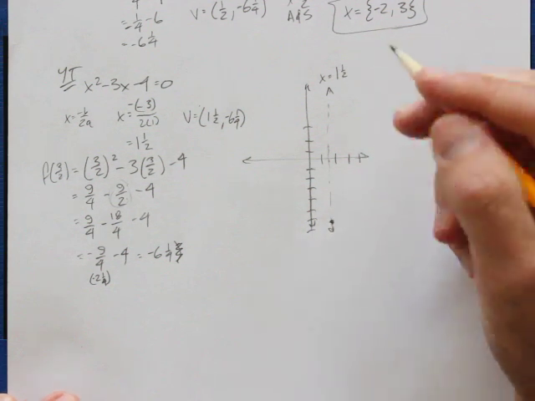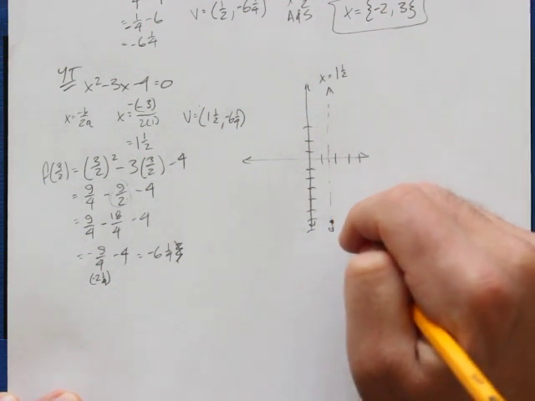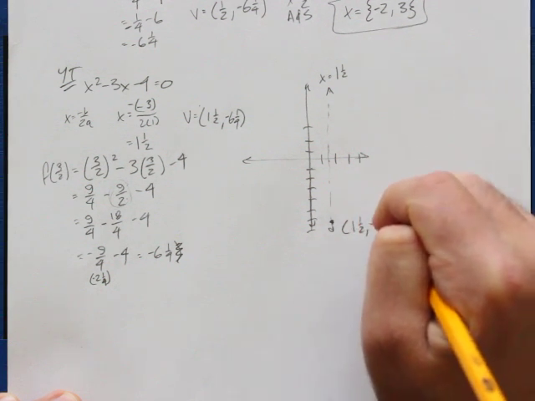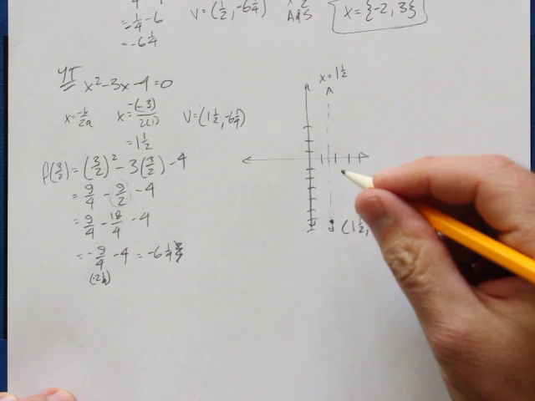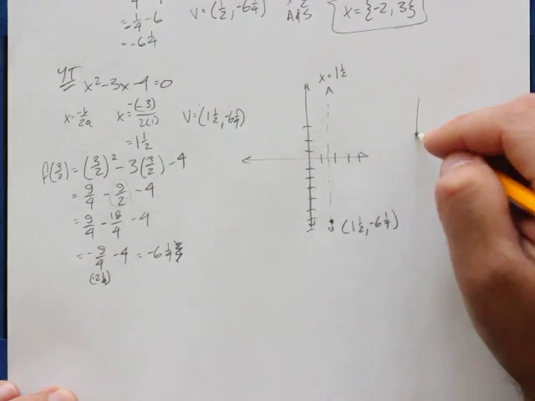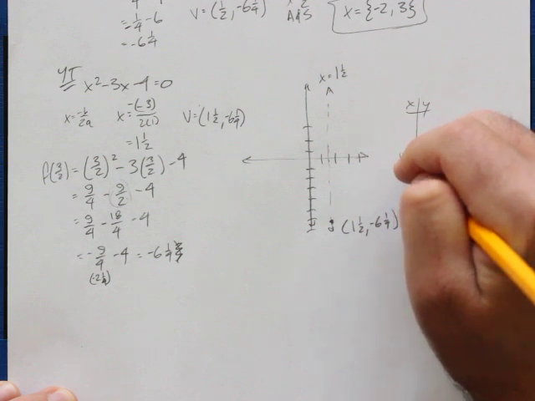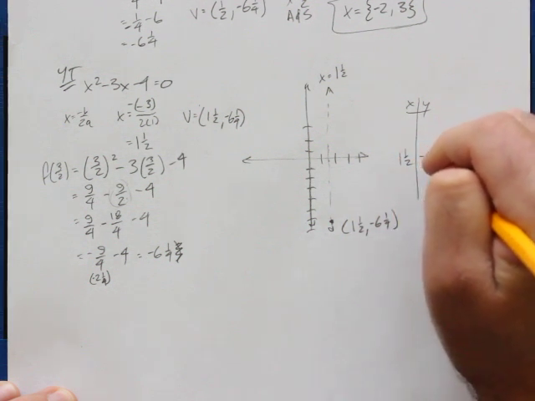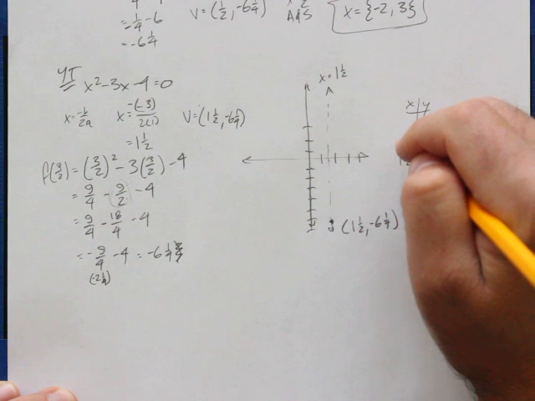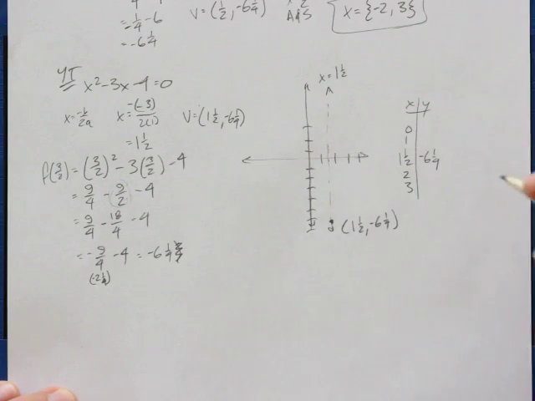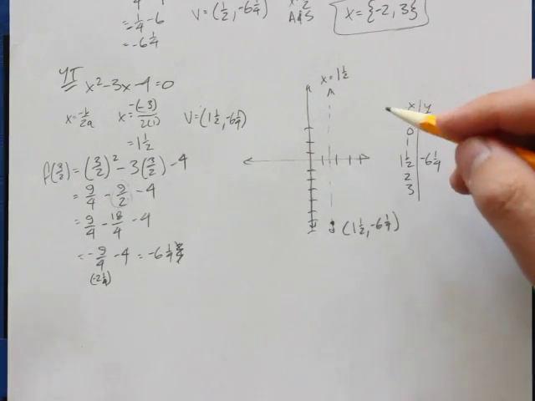There is my vertex, 1.5, negative 6 and 1/4. And then I'm going to plug in some values. I'm going to plug in 1 and 0, and I'm also going to plug in 2 and 3 and see where that gets me.